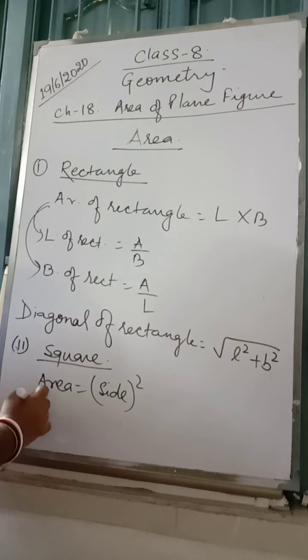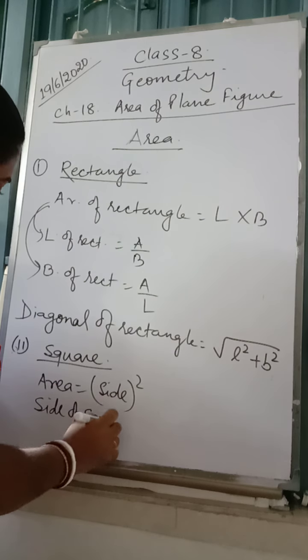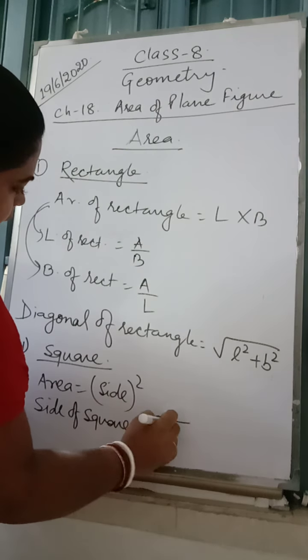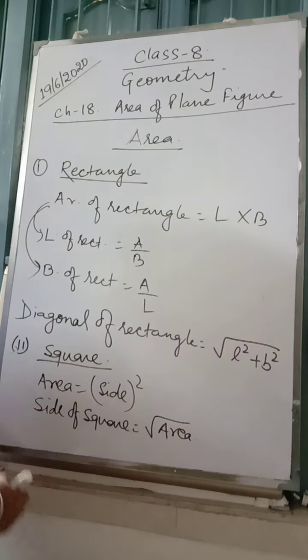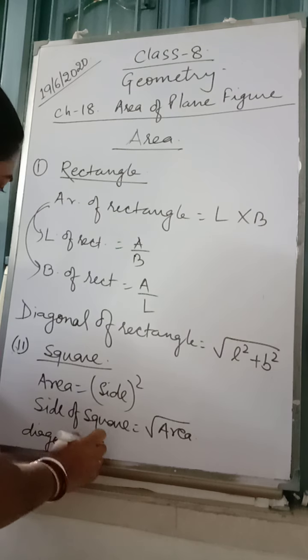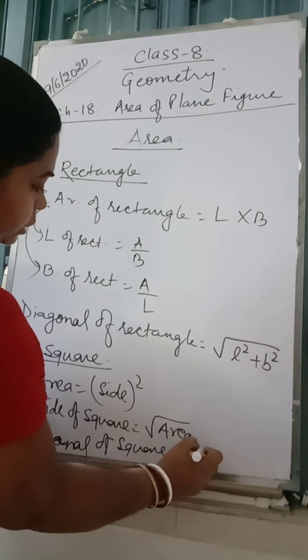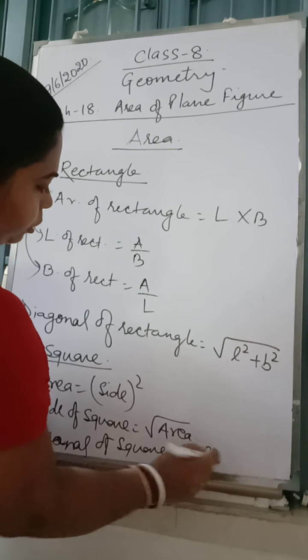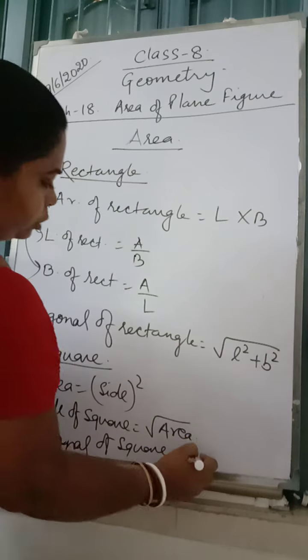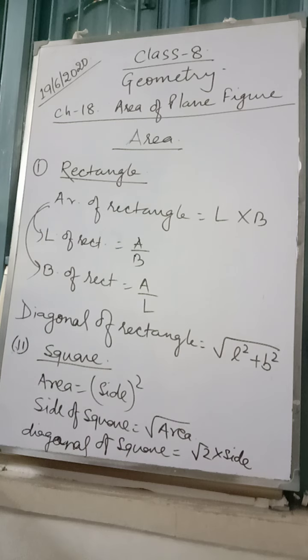From this it has come, side of square is under root area, and the diagonal of square is root a root 2, or you can write root 2 into side is the diagonal of a square.